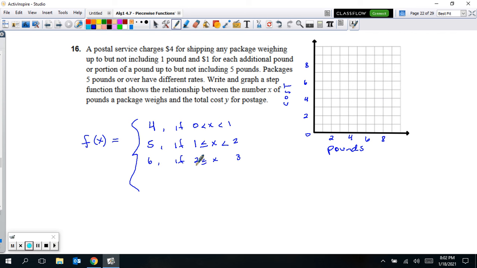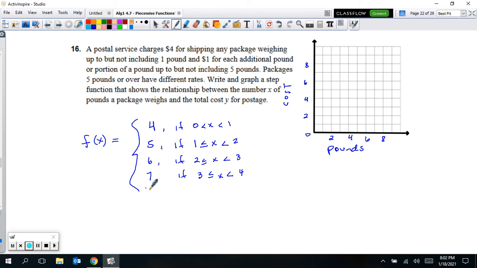So less than or equal to, as soon as it equals 2, but not when it equals 3 yet, because when it equals 3, we're going to the next one. So we pay $7 if x is between 3 and 4. It's equal to 3, but not equal to 4.